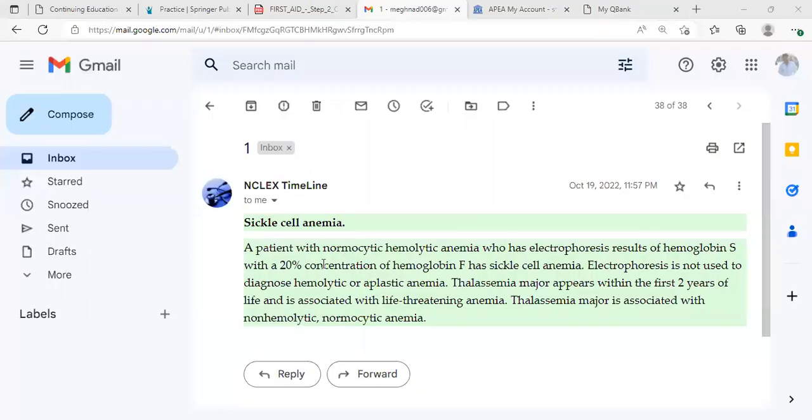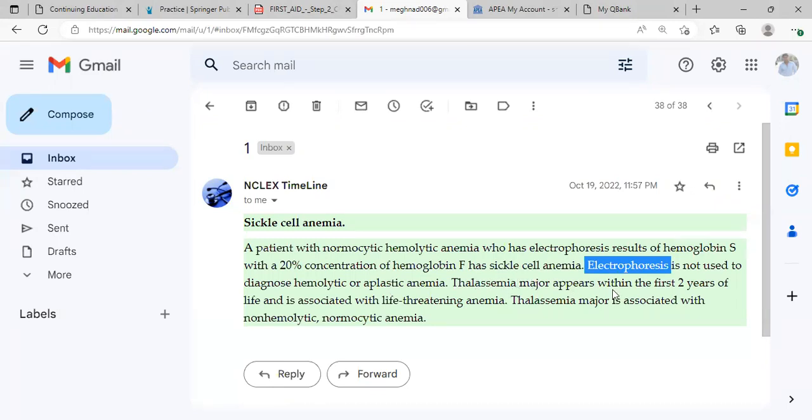From this note, what do we learn? We learn electrophoresis is basically needed to evaluate whether anemia is a genetic disease like sickle cell disease or thalassemia. But if a patient has anemia because of hemolytic or aplastic causes, we do not need electrophoresis.